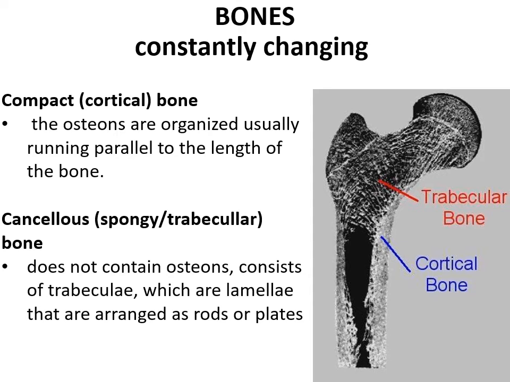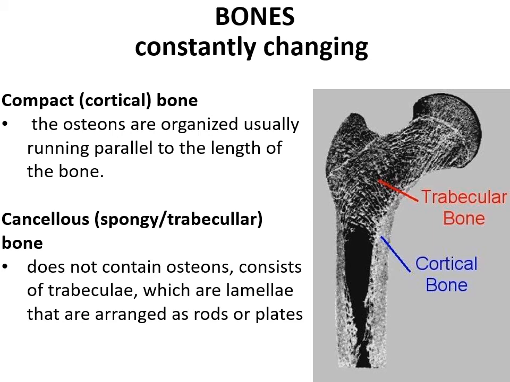Okay. So let's look at a couple of differences between compact bones and cancellous or spongy bones. So the compact bone is what forms the outer exterior part of the bone, whereas typically the spongy bone or the trabecular bone is found on the interior of bony structures.